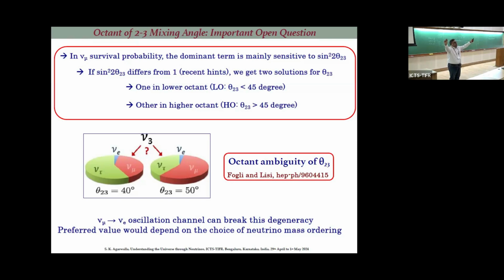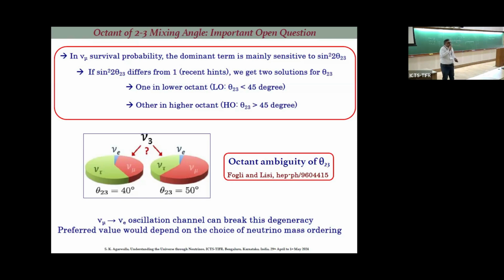Then your job will be: in nature, there is only one solution which is true, so I need to discard the opposite solution, right? That is the theta 2,3 octant problem. We can resolve it in long baseline experiments, and also up to some extent in atmospheric neutrino experiments. So this is an open question.